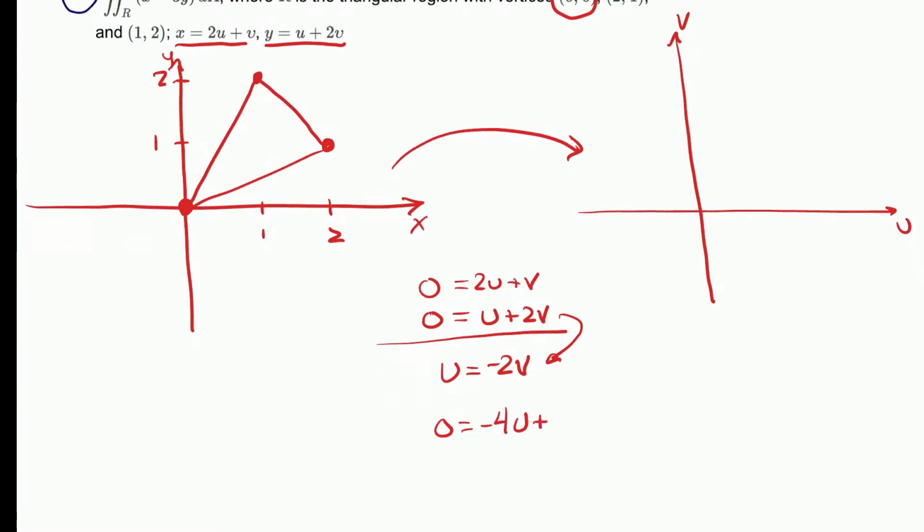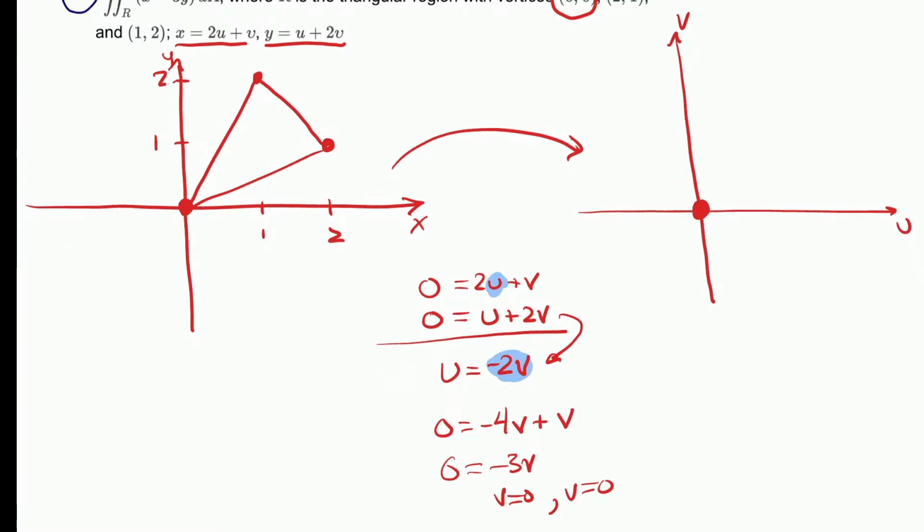Sorry, that should be a v. So plug this into the first equation. Let me highlight so you know what I just did. I've taken this and I've plugged it in here for u. And that gives me negative 3v is equal to 0, or v equals 0, u equals 0. So that's this point right here.